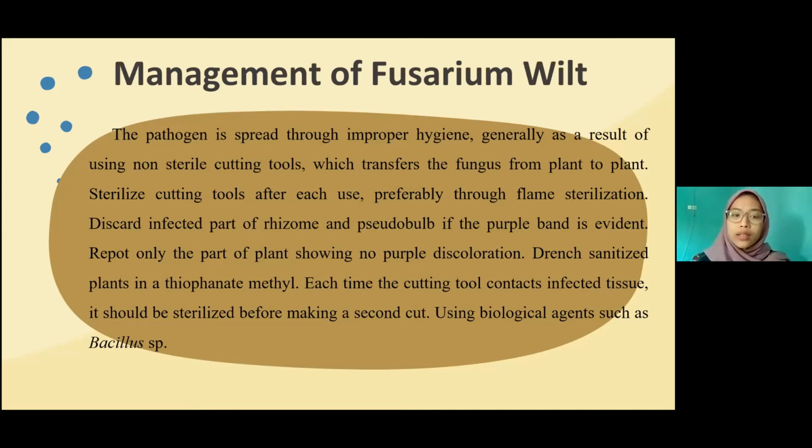Repot only the part of the plant showing no purple discoloration. Then sanitize plants in a methyl solution. Each time the cutting tools contact infected tissues, they should be sterilized before making a second cut. Use biological agents such as Bacillus sp.